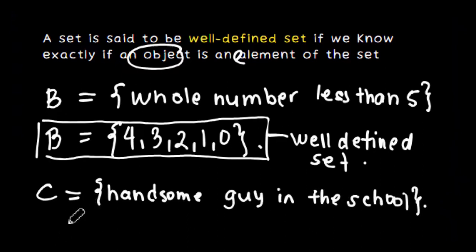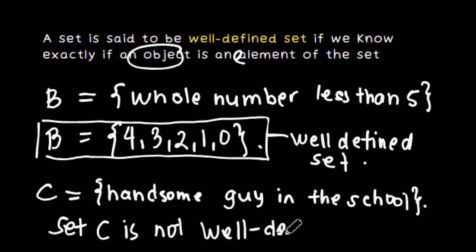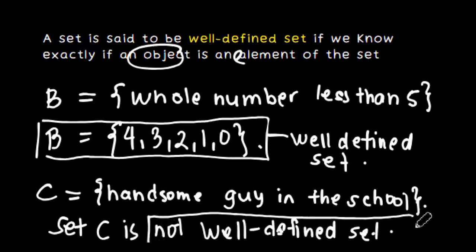Pwedeng para sa akin, gwapo siya, pero sa iba, pwedeng hindi. So, therefore, set C is not a well-defined set. Kasi may kanya-kanya tayong preference. So, that is the well-defined and not well-defined sets.